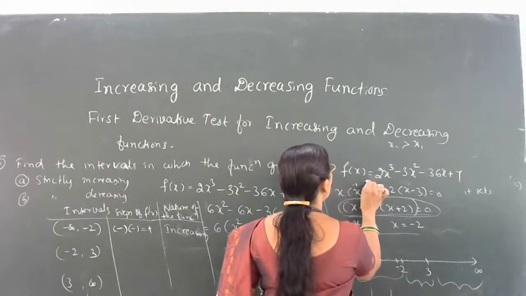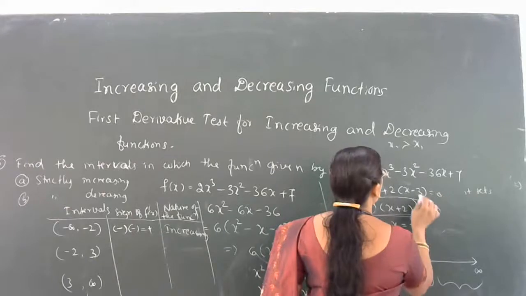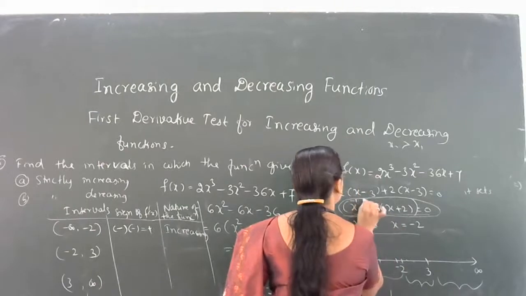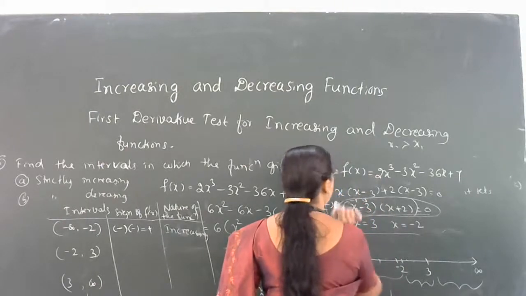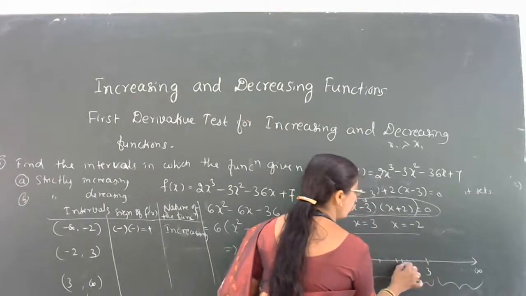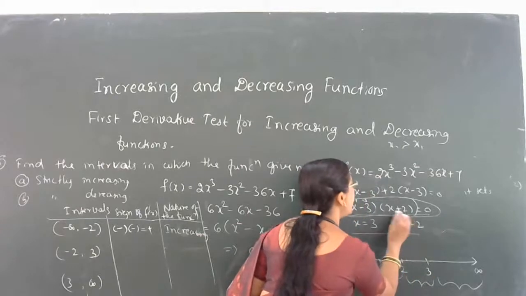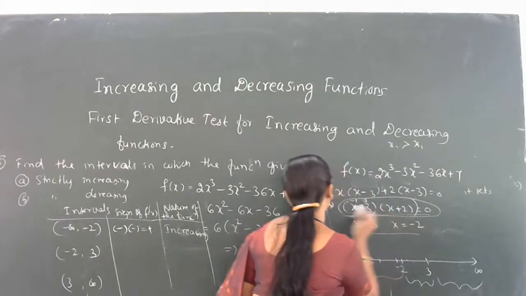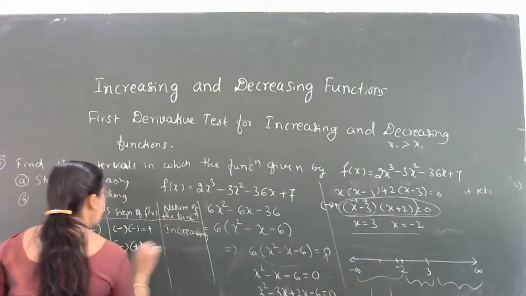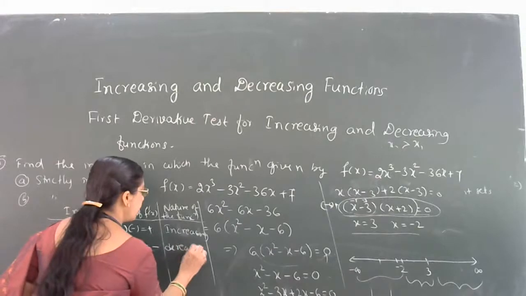Minus 1 minus 3 is minus 4, which is minus. Then minus 1 plus 2 is positive. The only negative number we take here is minus 1, and all the others are positive, because 0, 1, 2, etc. Therefore, minus and plus gives minus. The function is decreasing.